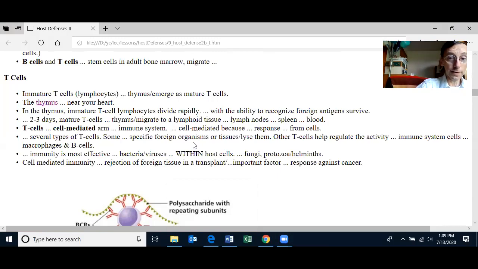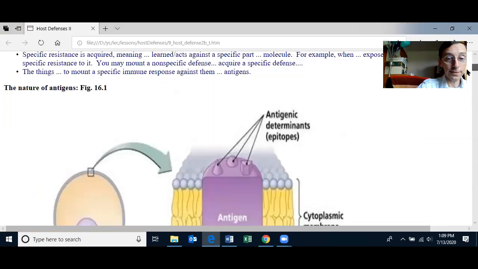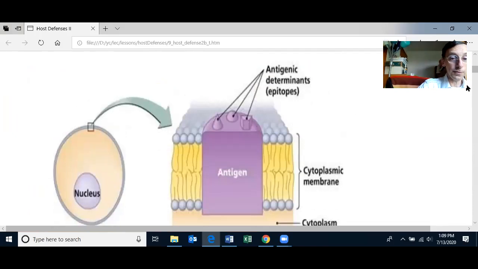And the ones that recognize the foreign antigens survive. We'll talk a little bit more about that later. And let me remind you, an antigen is just a molecule on the outside of a cell that has infected the body, and the antigens are what the host responds to, meaning the molecule that the host responds to and recognizes as separate or an entity invading the body.